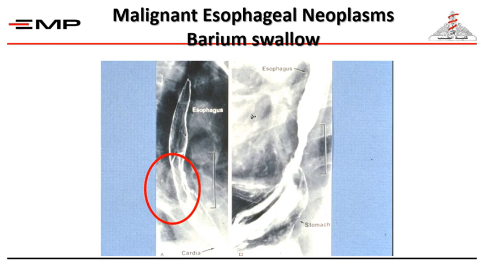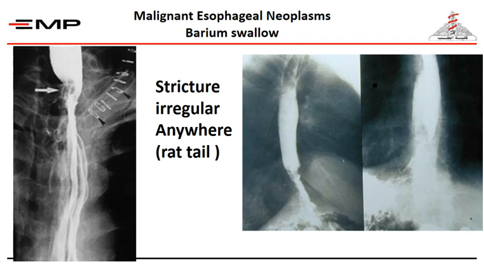This stricture, as seen here in the middle third of the esophagus, is about 4 centimeters long and irregular. So the stricture in a malignant esophageal tumor differs from that of a benign condition, being irregular and happening anywhere. This is to compare this stricture with that of achalasia as discussed before.